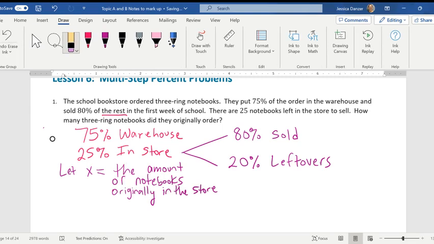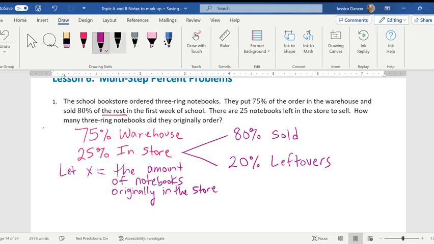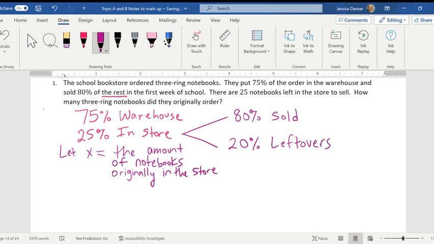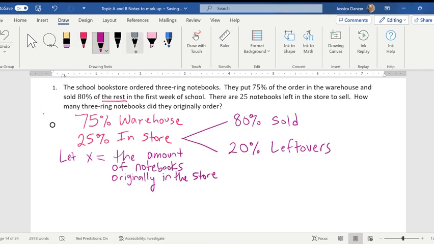The amount of notebooks originally in the store is our X variable. So we know a little bit about this so far. There was one other number up here we forgot. There are 25 notebooks left in the store to sell. So the leftovers would equal 25 notebooks sitting on the shelf.